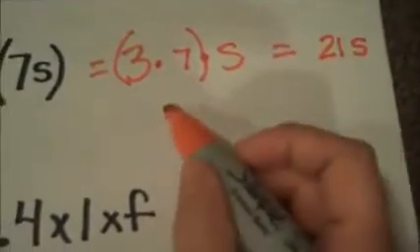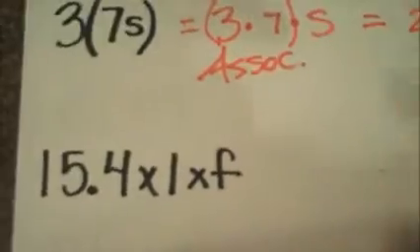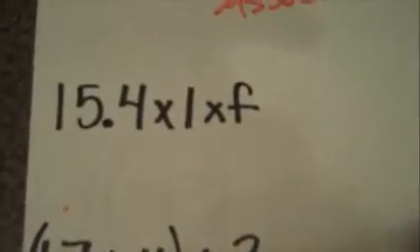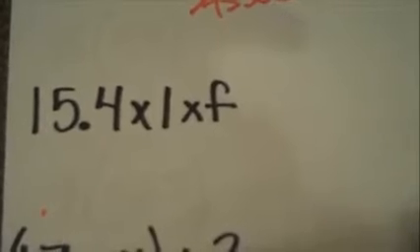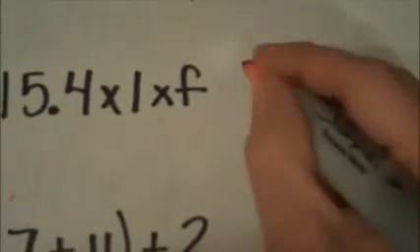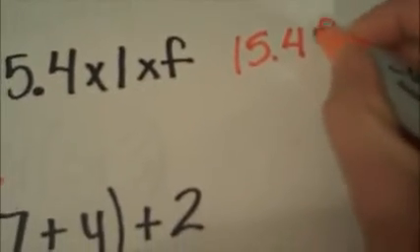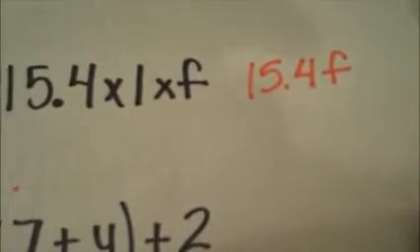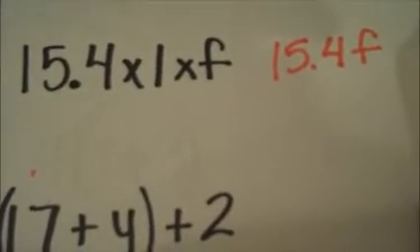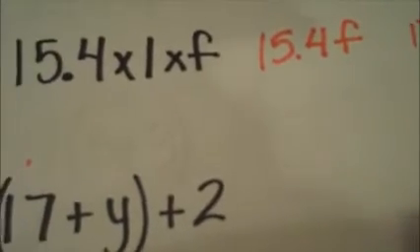And 21s is able to be simplified because of the associative property. 15.4 times 1 times f. 15.4 times 1 is 15.4 times f is what's left. The identity property says anything times 1 is itself.